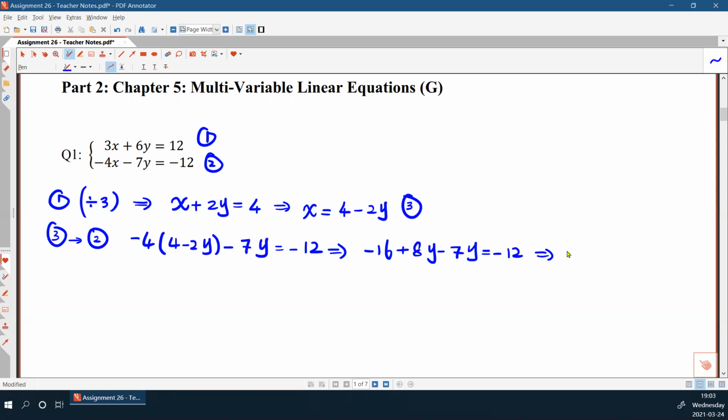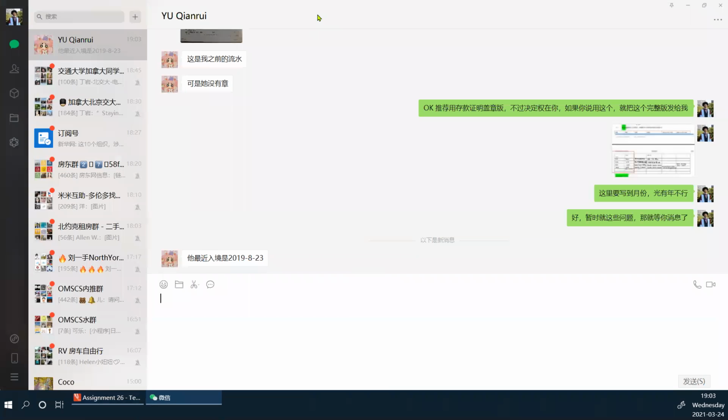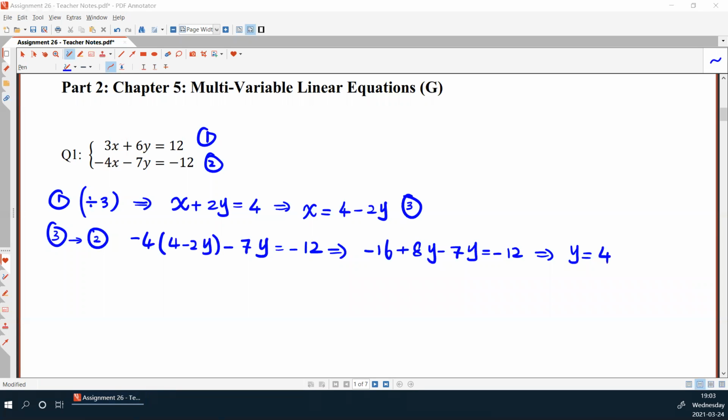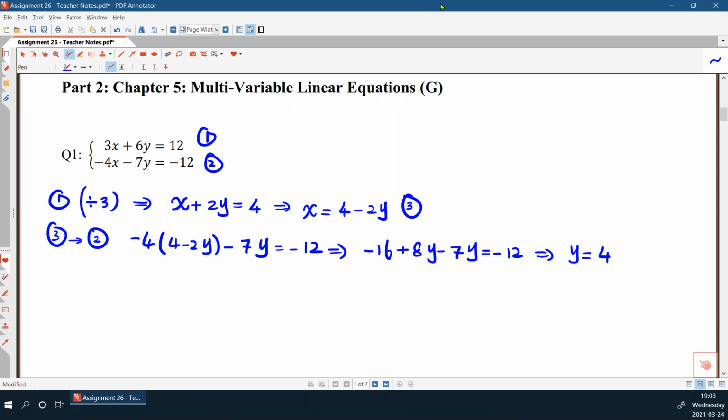And this is actually equivalent to y equals 16 minus 12, which is 4, right? Okay, so let's say this is number 4.